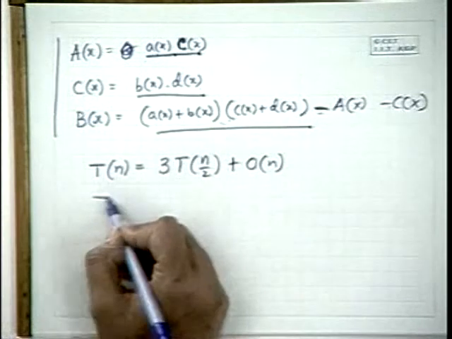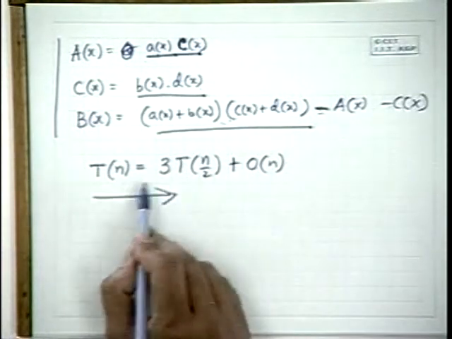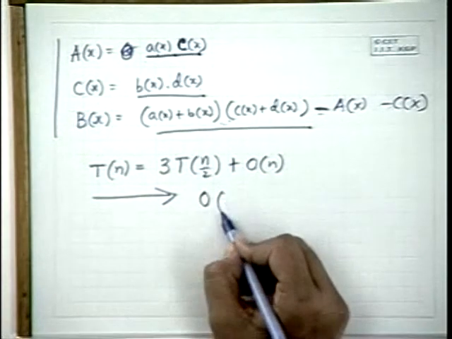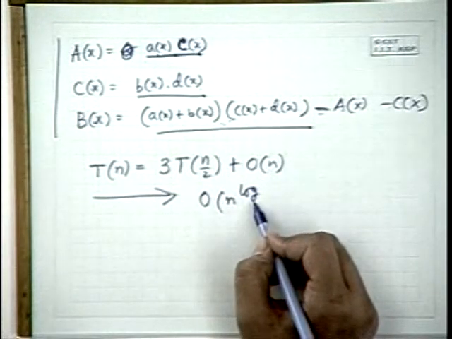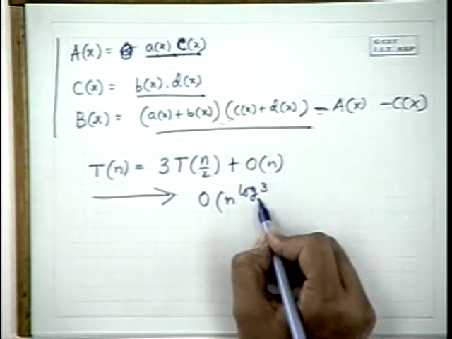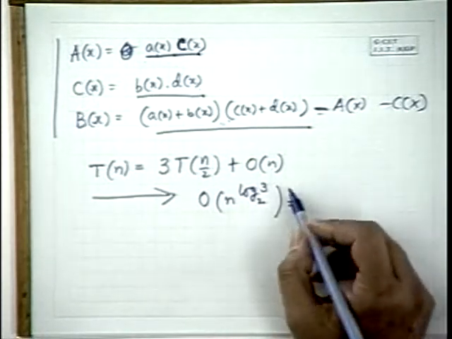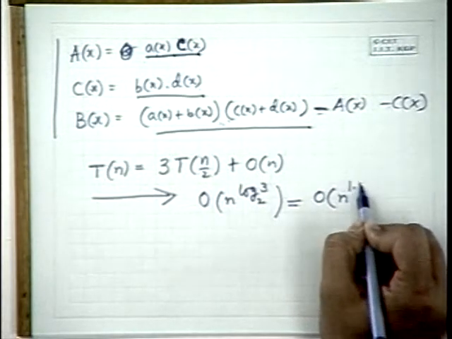And if you solve this, already you have seen it in your exam. If it was 3 T of n over 4, it was giving order n to the power log 3 base 4. So this time it will be log 3 base 2, and this will be nothing but order n to the power 1.58.